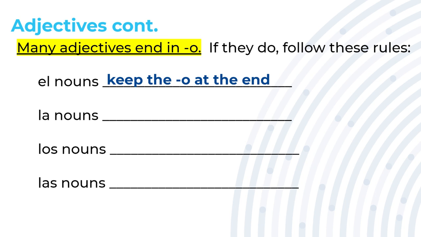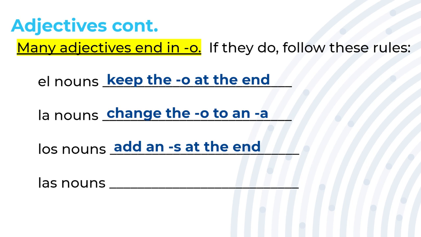If you have a la noun and an adjective that ends in O, you're going to change the O to A. If you're describing a los noun, so a plural masculine noun, you're going to add an S at the end of the O. And if you're describing las nouns, you're going to change the O to AS. And again, this is only for adjectives that end in O, as other adjectives do not end in O.